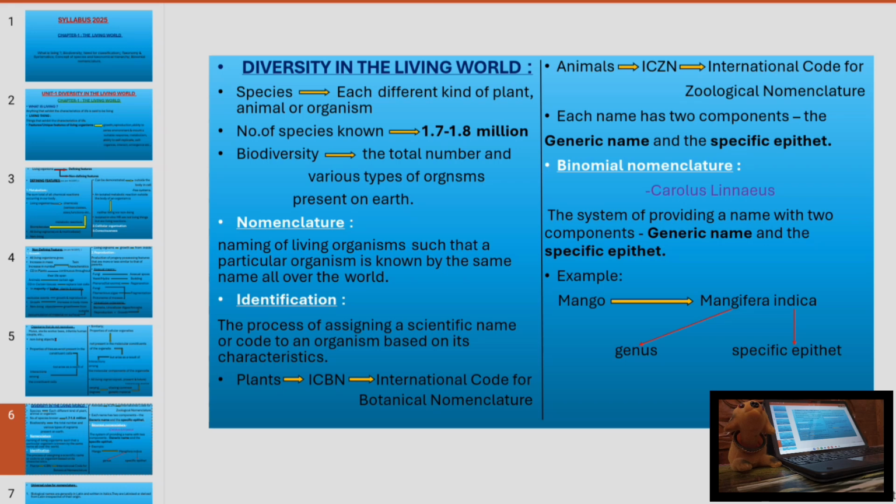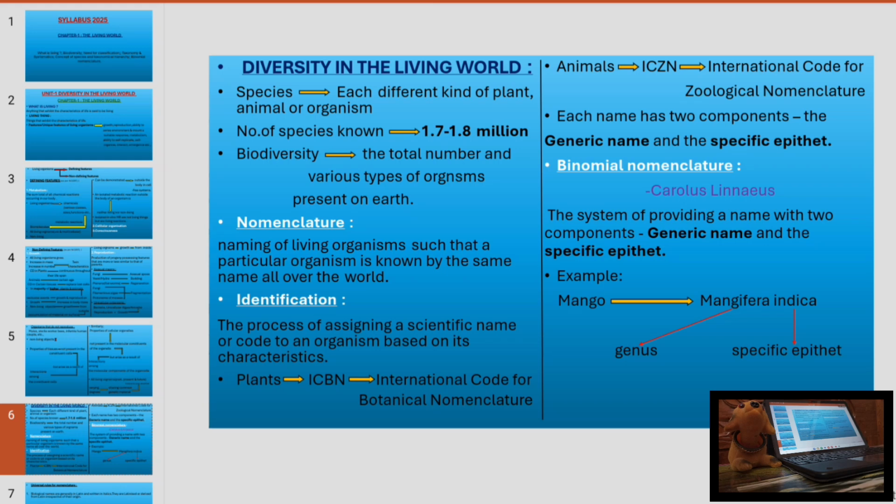And for animals, similarly, ICZN, which stands for International Code for Zoological Nomenclature, gives names for different types of animals all over the world. For every such name in biological nomenclature, there are two components, namely the generic name and the specific epithet. So, let us know what is binomial nomenclature.